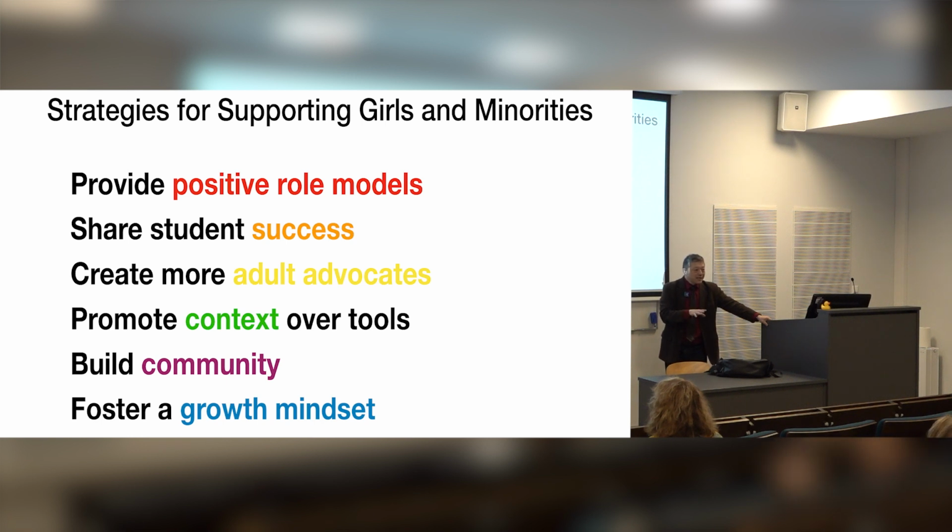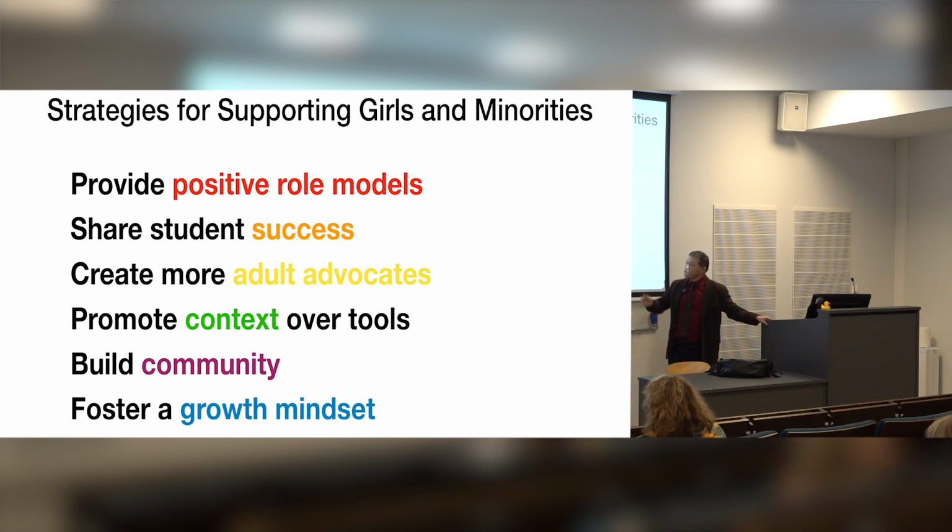And it doesn't even have to be someone who understands computer science. It could be a parent, a dean or a counselor, just some other adult that they respect that says, hey, you should try this out, you would be great at it. I believe in you. That's a very powerful message. So adult advocates are very important.